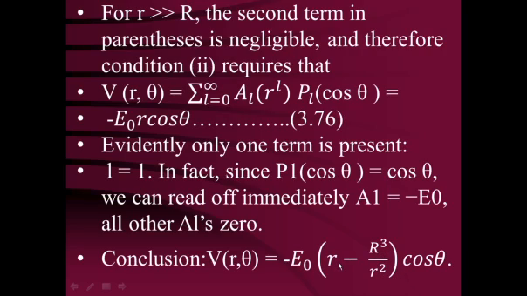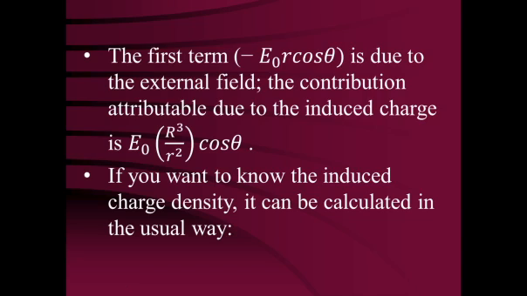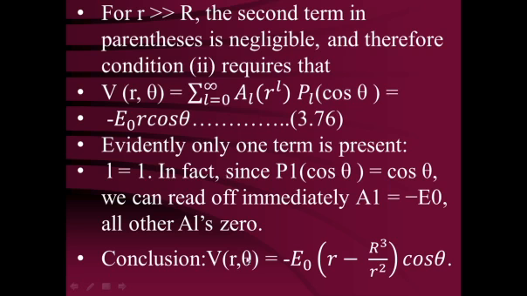So this is our specific solution which we require. If we combine this, the first term is minus E0 r cos theta. The second term, minus minus is going to be plus, so plus E0 R cube upon r square cos theta.